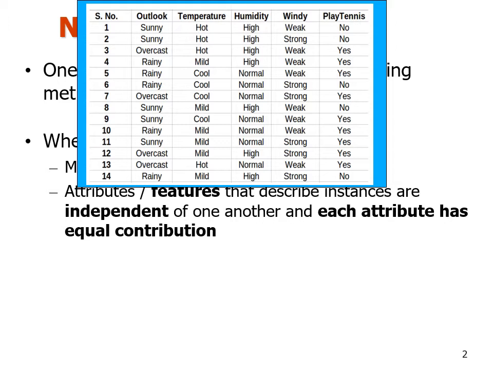Hence, the features are assumed to be independent. Secondly, each feature is given the same weight or the same importance. For example, knowing only temperature and humidity alone can't predict the outcome accurately. So none of the attributes is irrelevant, and all are assumed to contribute equally to produce the outcome.